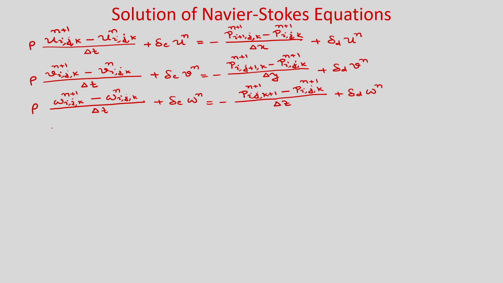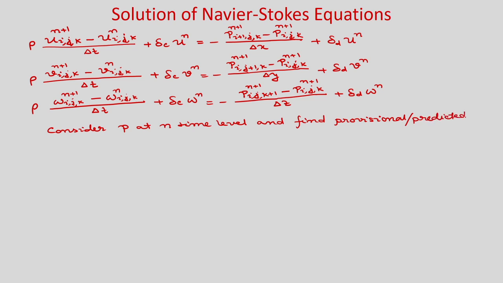So, now consider p at time level n, and find the provisional or predicted velocity.